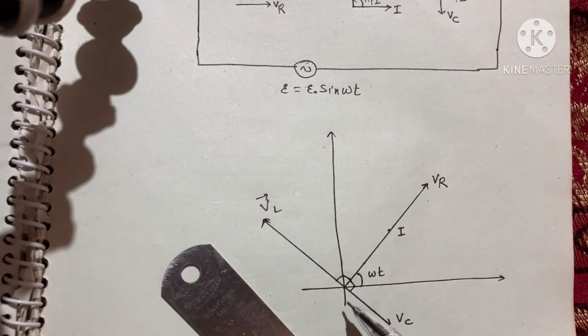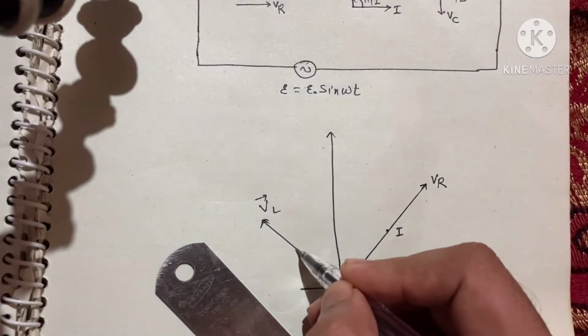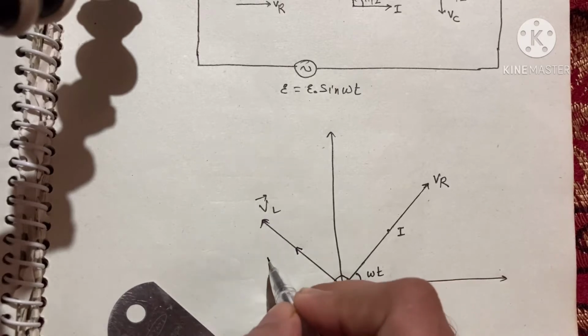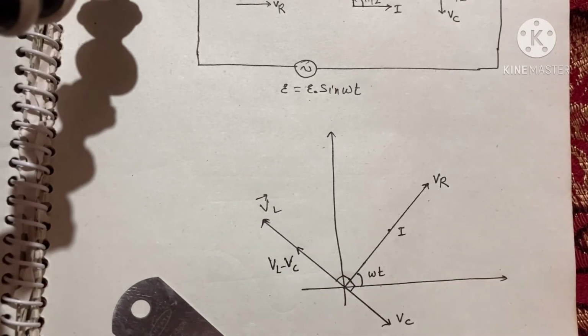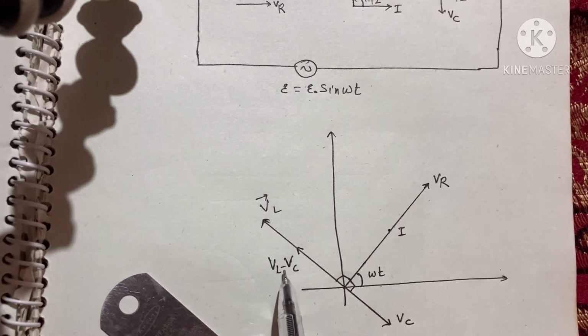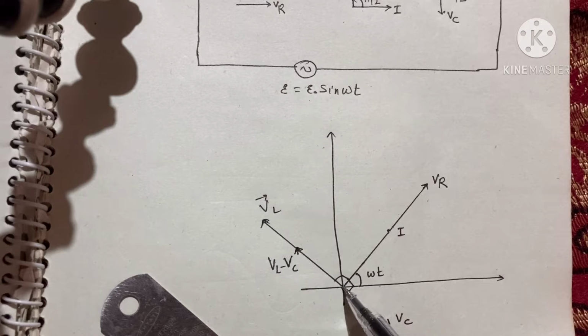If VL is greater than VC, the resultant will be on this side, so this will be VL minus VC. We got this because they are opposite to each other, and remember the concept of vectors: if VL is greater than VC, the resultant will be towards VL, the voltage across the inductor.